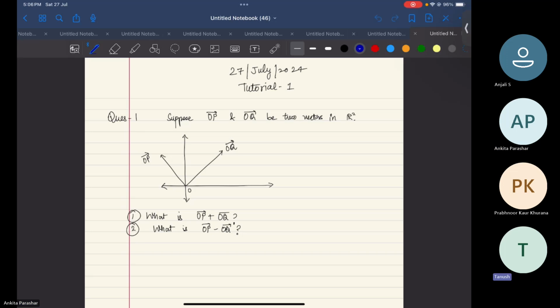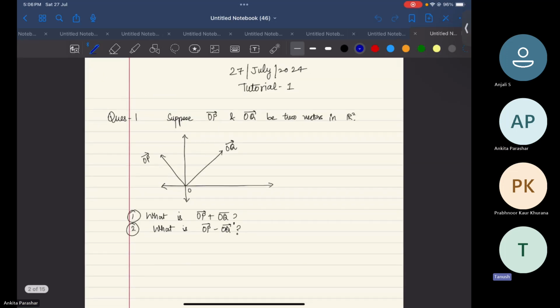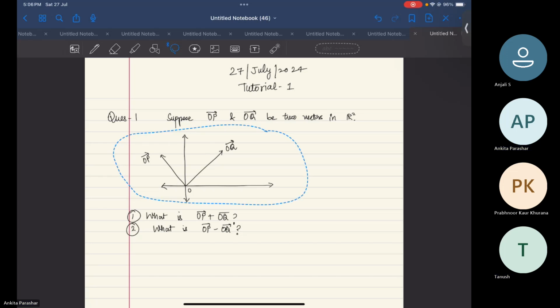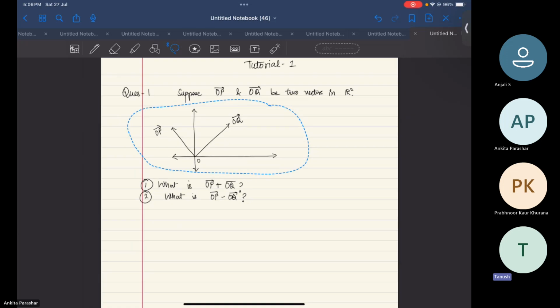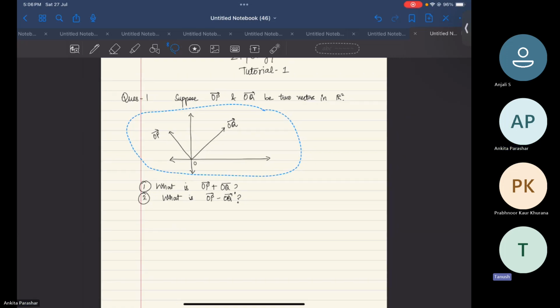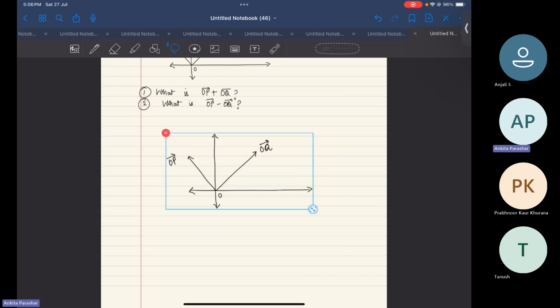We can complete the parallelogram. Like we can draw a vector parallel to OQ and OP, and then from the intersection we can extend a line that is the diagonal of the parallelogram. So that will be OP plus OQ. Right. So let me draw it. As you told me, I'll just do the same.